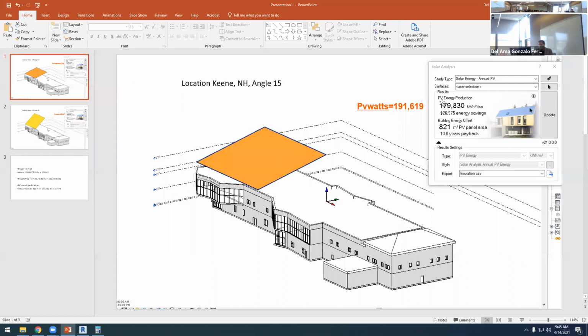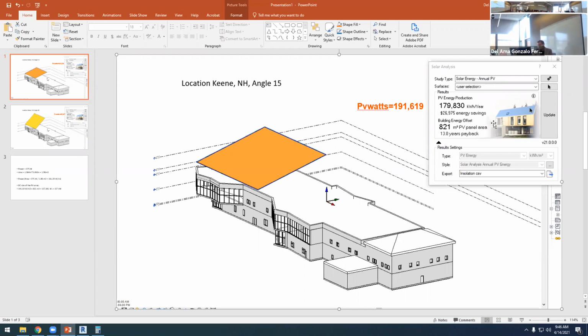But I will use this for my calculations because I want to be on the safe side. If I tell my client that they can produce this and they end up producing this, they will be disappointed. But if I tell them that they will produce this and they end up producing more, they will be happy. That's a question of psychology, this is not architecture.